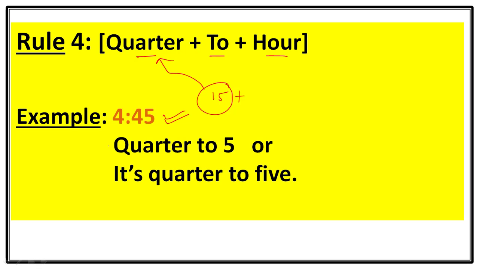Here we can use quarter plus to plus 5 to make a correct sentence. So the correct sentence will be quarter to 5, meaning 15 minutes are remaining in completing 5. Or you can also say it's quarter to 5.